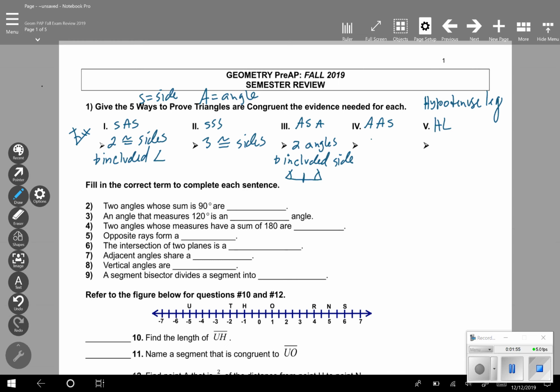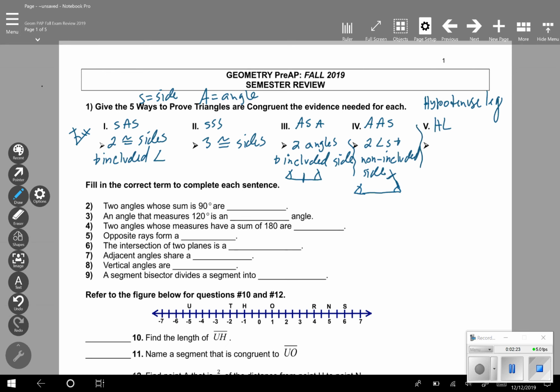Okay, angle, angle, side, that's 2 angles and the non-included side. So you have an angle here and another angle here, and this side that's not between those 2 angles.